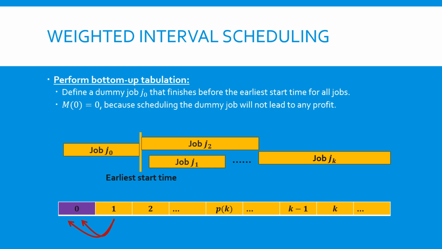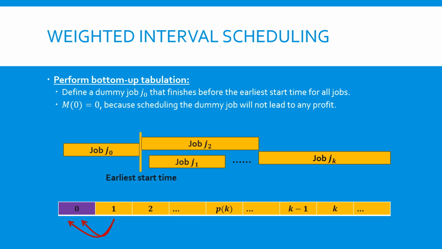It is important to know that the dummy job is created only to facilitate the tabulation process and has no real meaning. Since the dummy job does not actually exist, it does not generate any profit. Therefore, the maximum profit we can obtain by the finish time of the dummy job J0, or M0, is 0.